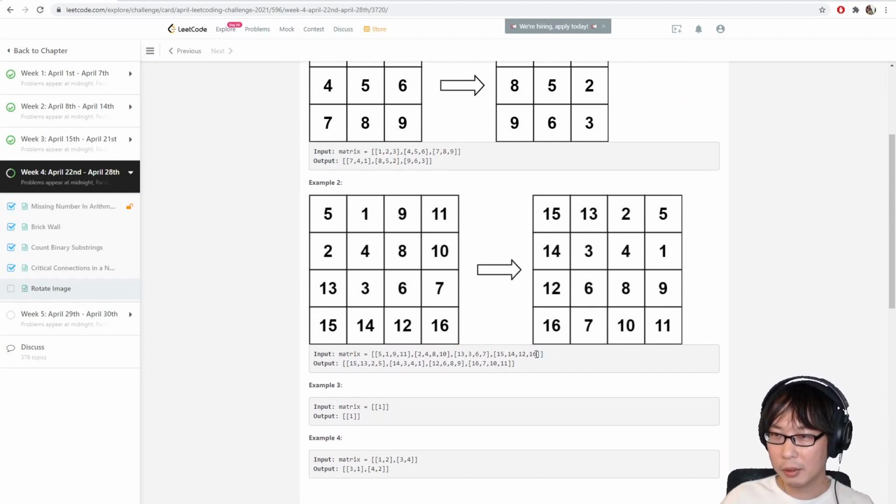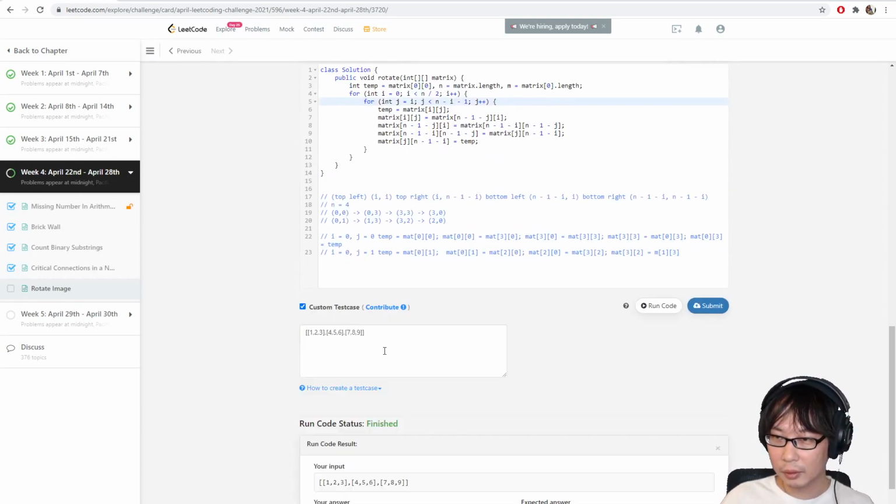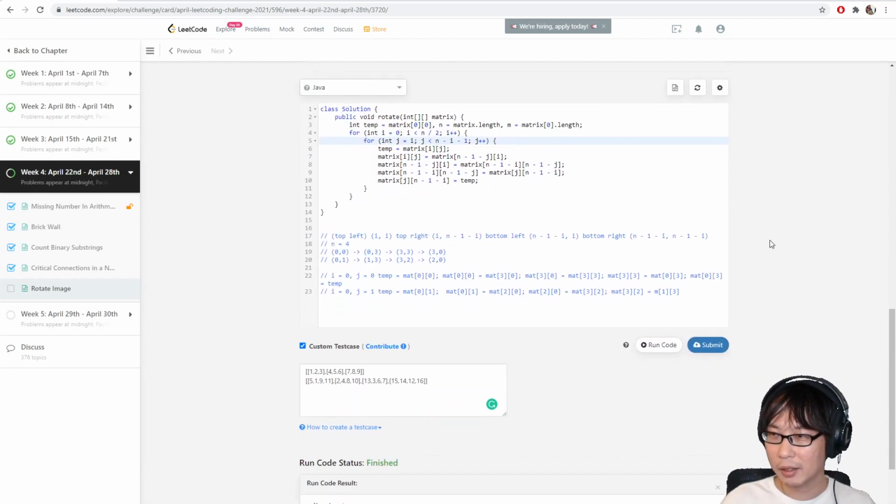So let's try this one. Okay, both pass. Let's try submit it.